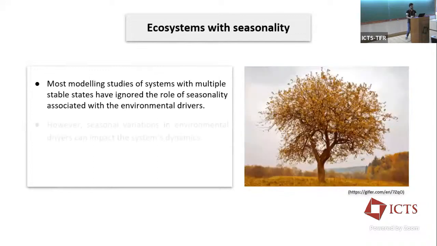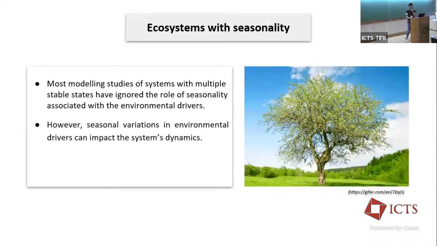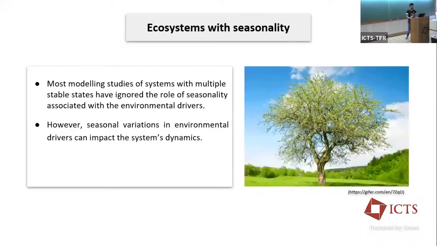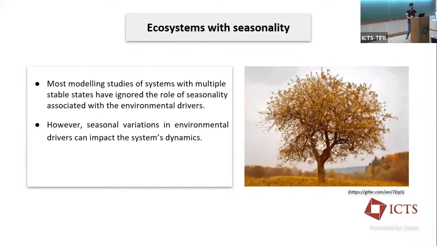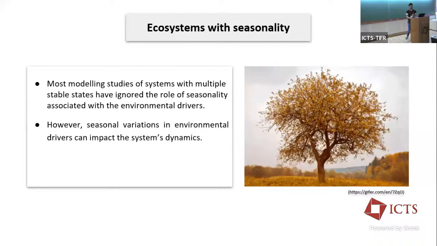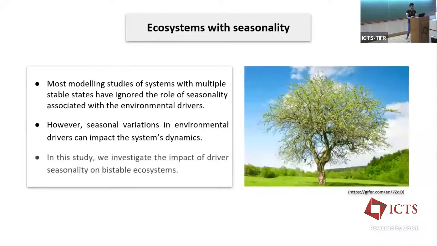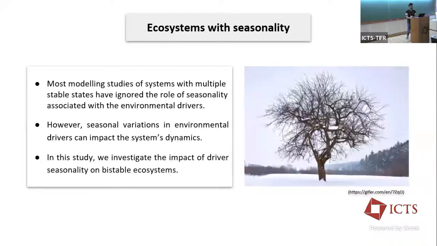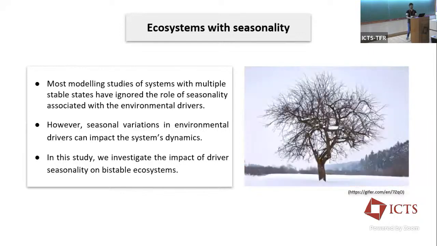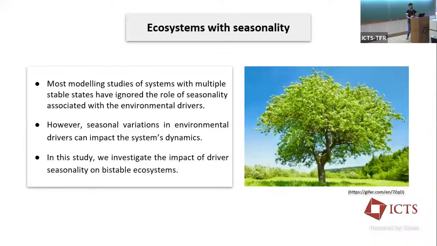But we know that in real ecosystems, often the parameters will be prone to seasonal changes, which makes the system undergo seasonal dynamics. So in my study, I investigate the impact of seasonality for such drivers in bistable ecosystems.